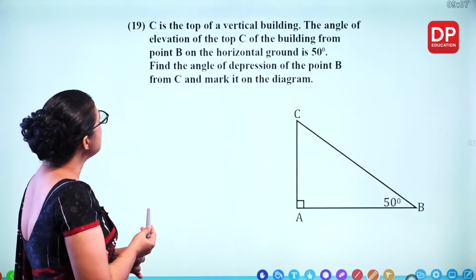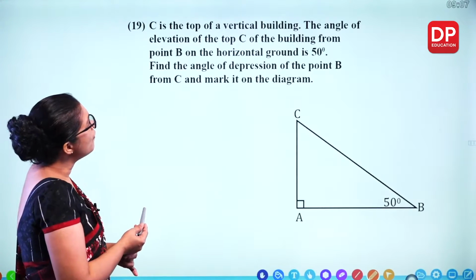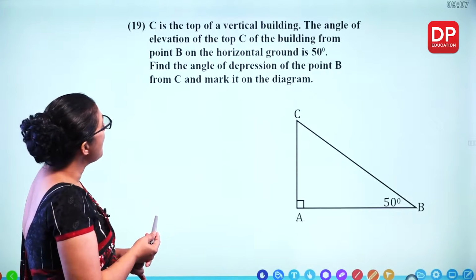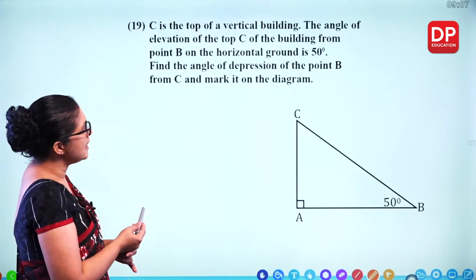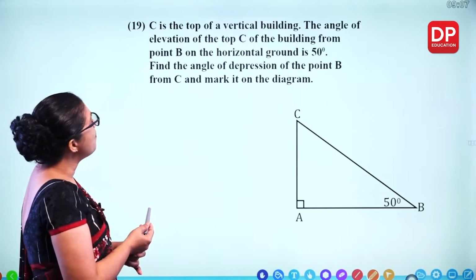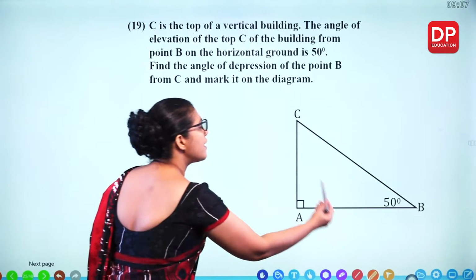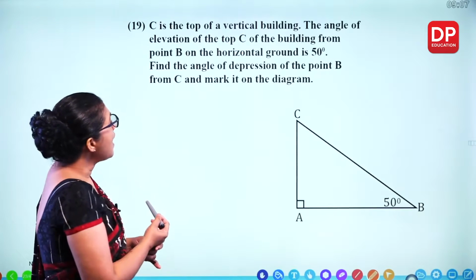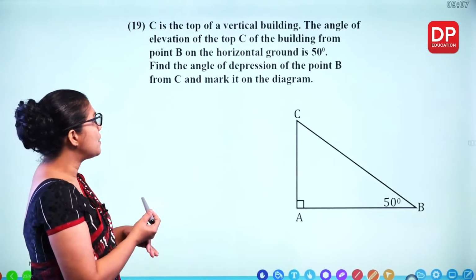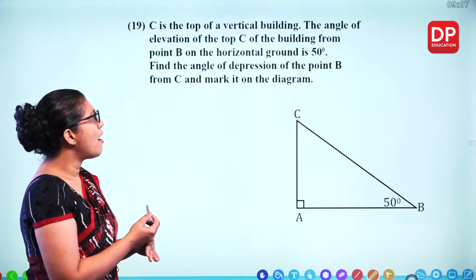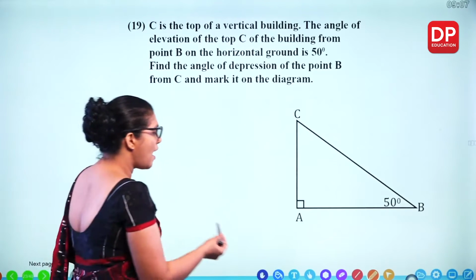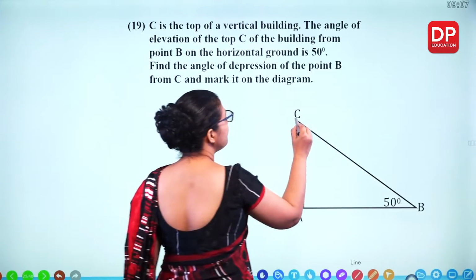Question number 19. C is the top of a vertical building. The angle of elevation of the top C of the building from point B on the horizontal ground is 50, already given. Find the angle of depression of the point B from C and mark it on the diagram. So they are asking other way around.